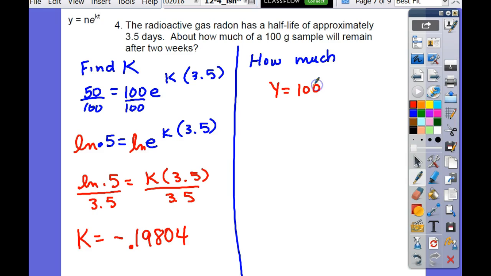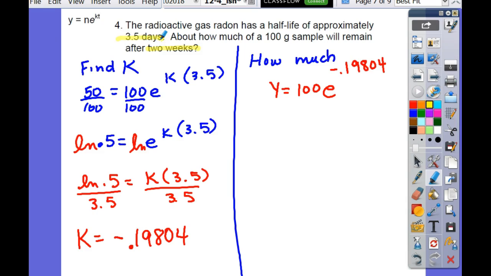We start off with 100. We figured out the K. And we want to know how many is going to remain after 2 weeks.